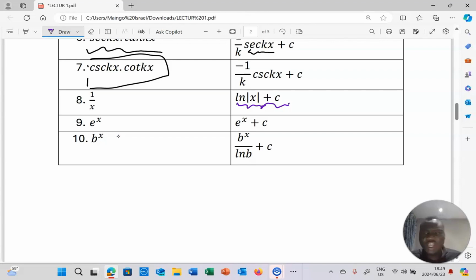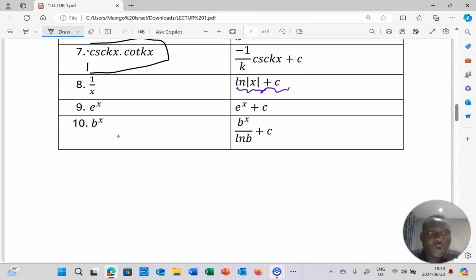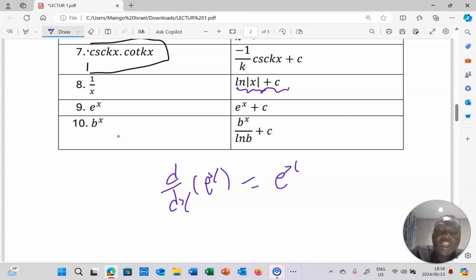The antiderivative of the natural exponential function e to the power x is quite simple, because you will remember that when we differentiate e to the power x, we get e to the power x.